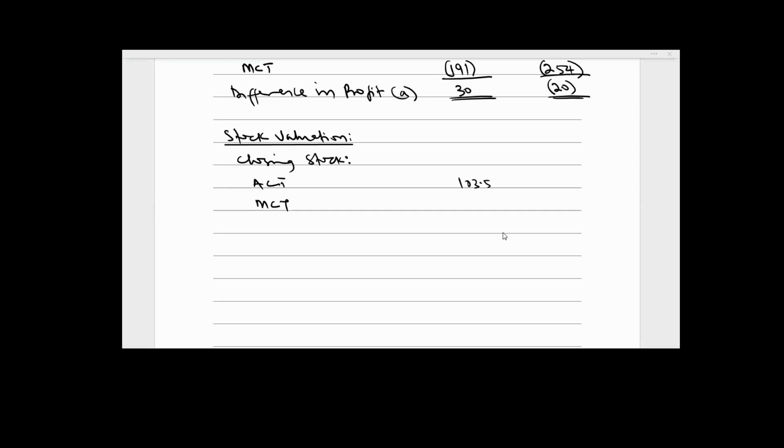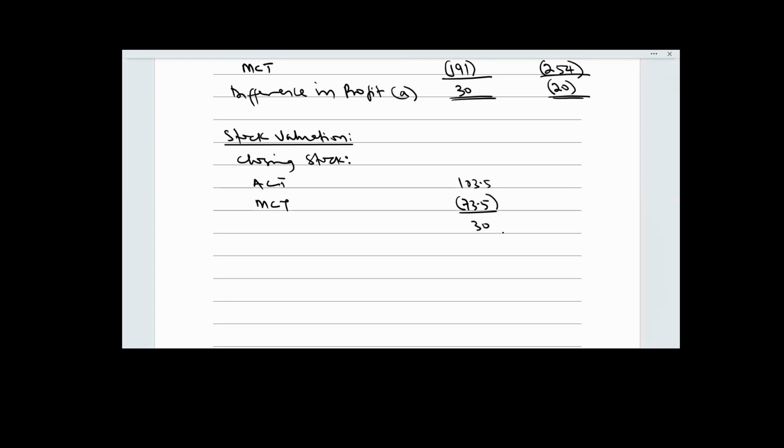Under MCT, what is the closing stock? 73.5. So what's the difference? 30. 30 is the difference.